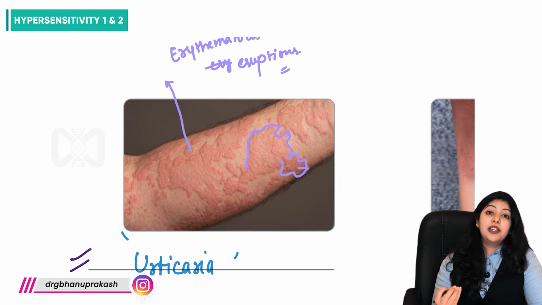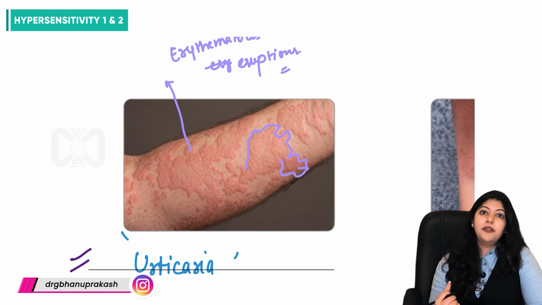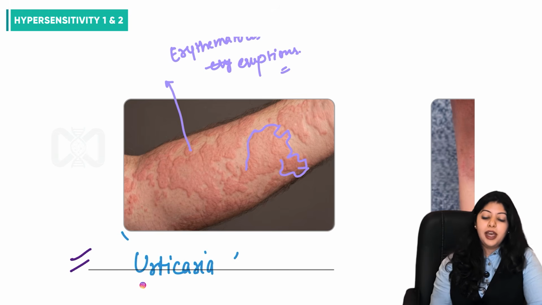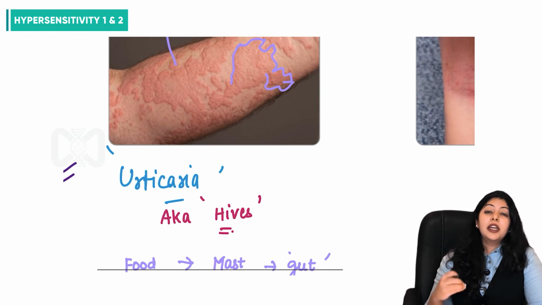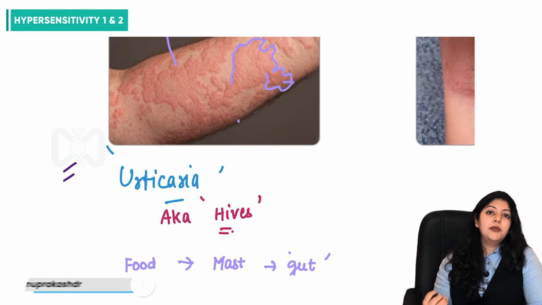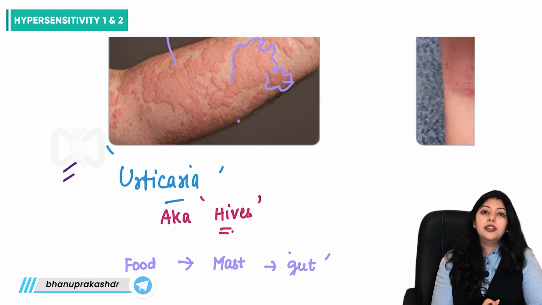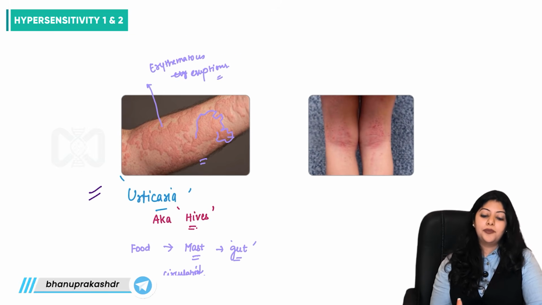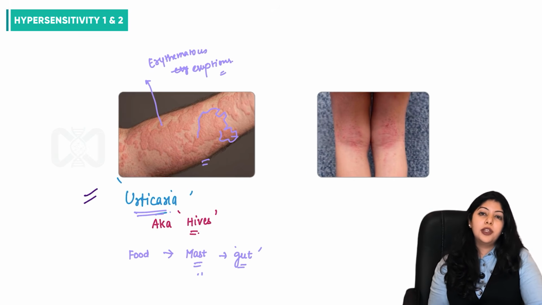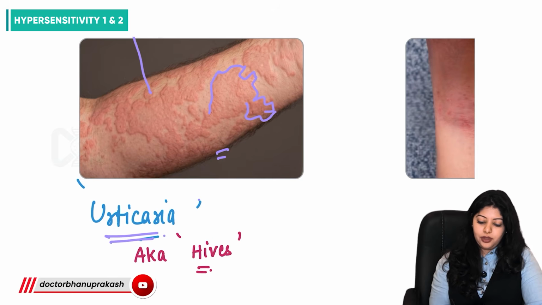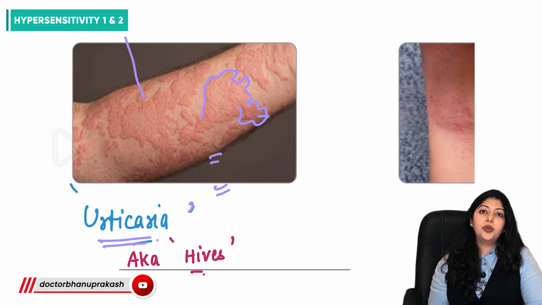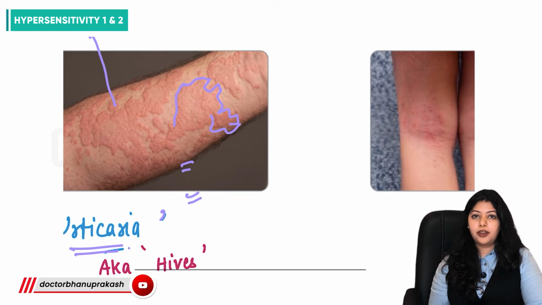So there is erythematous elevation in the skin which is present, and it is the gut mast cells which are getting stimulated but leading to the reaction in another site, which is the skin. So this is known as urticaria. So if in case a question comes with a history, will you be able to make it out, right? So this is how you would know that this is an atopic reaction.